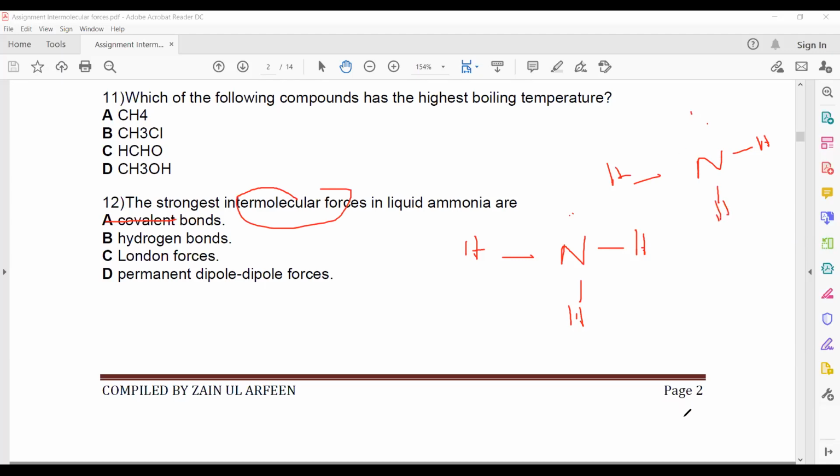So which force is there between the two molecules of ammonia? Hydrogen forms a bond with nitrogen, and nitrogen has a lone pair that is attracted towards the hydrogen of another molecule, so they have hydrogen bonding.